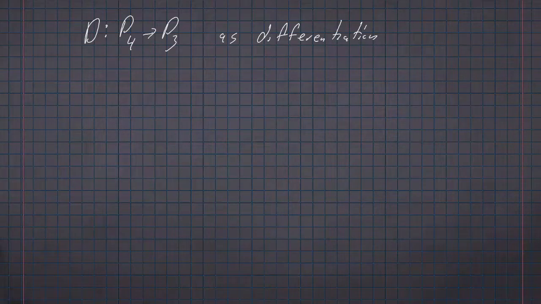Let's look at the linear transformation D. I'm going to take the version that maps from P4 to P3, and we're going to assign this as differentiation on the polynomials. So, in order to work with this, we need to know what differentiation does to the basis vectors in P4.